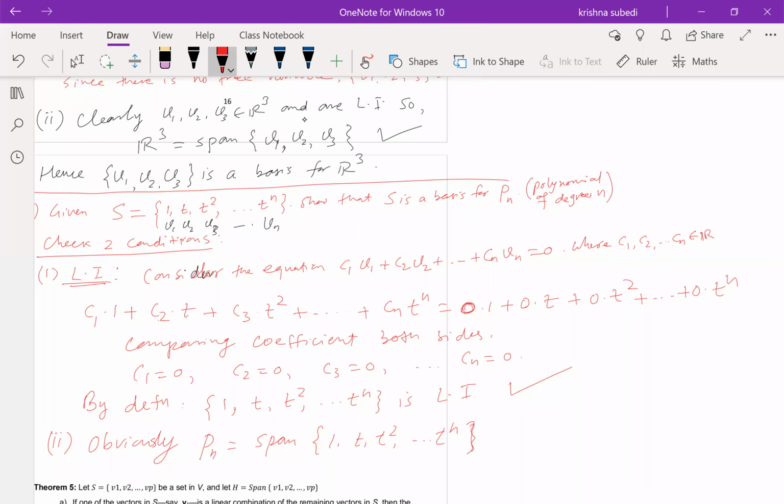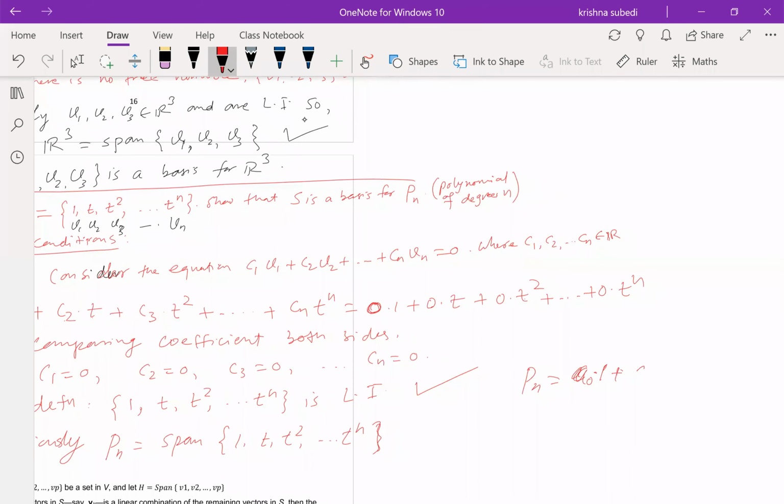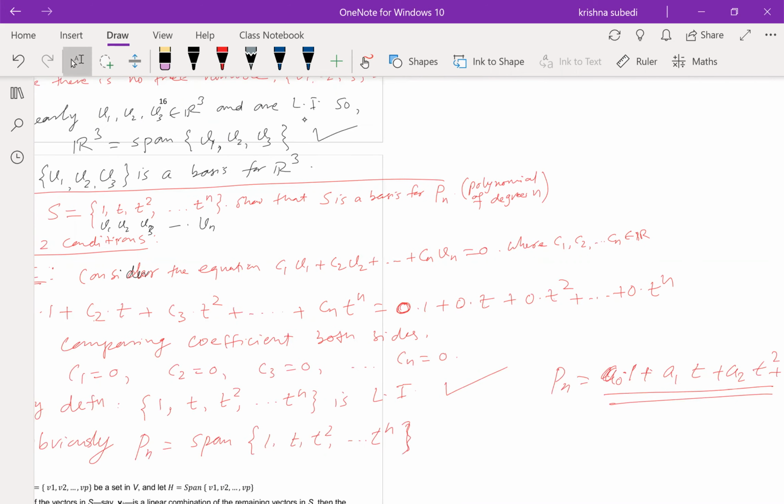Because for Pn, we already know it's going to be a naught times 1 plus a1 t plus a2 t square and so on, that is the polynomial. So these are the essential elements in order to create Pn.